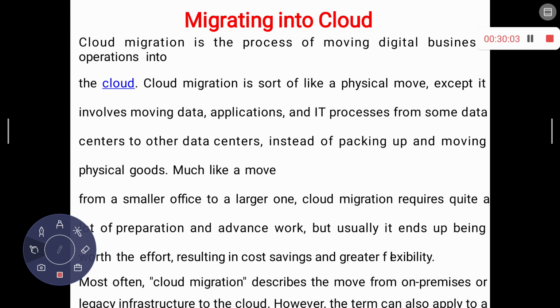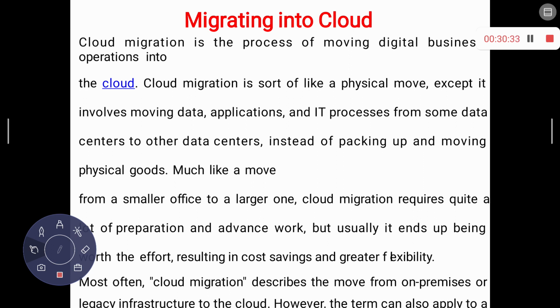Cloud migration is the process of moving digital business operations into the cloud. It is not actually a physical move. It looks like a physical move, except it involves moving data, applications and IT processes from some data centers to other data centers. Now data center, pay attention: what is a data center? A data center means one server location to another server location.